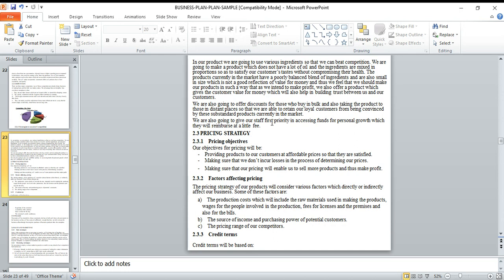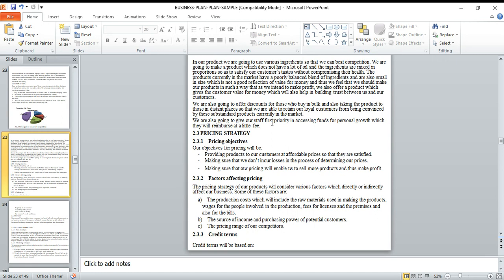Then 2.3, we're talking about the pricing strategy. Here you should talk of the pricing objective, factors affecting pricing, then credit terms. So what are your credit terms? So pricing objectives.